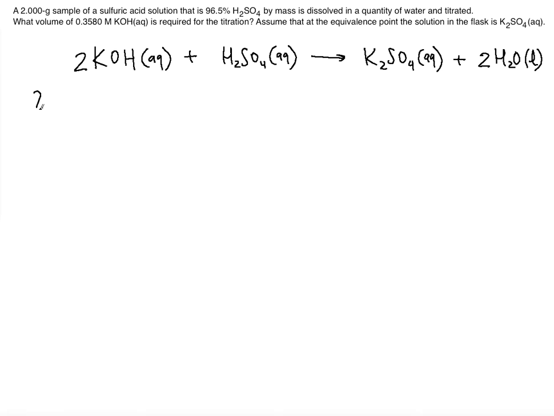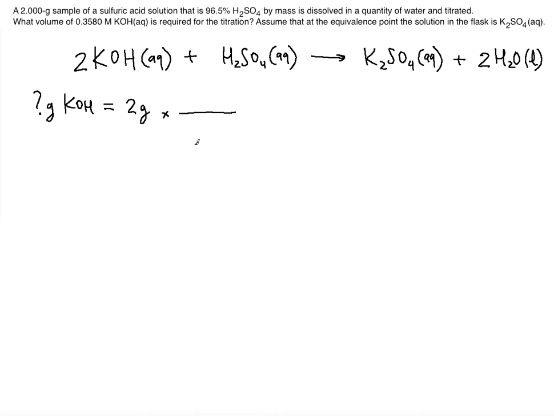So let's find the number of grams of the potassium hydroxide. So we take the 2 grams of the solution itself.